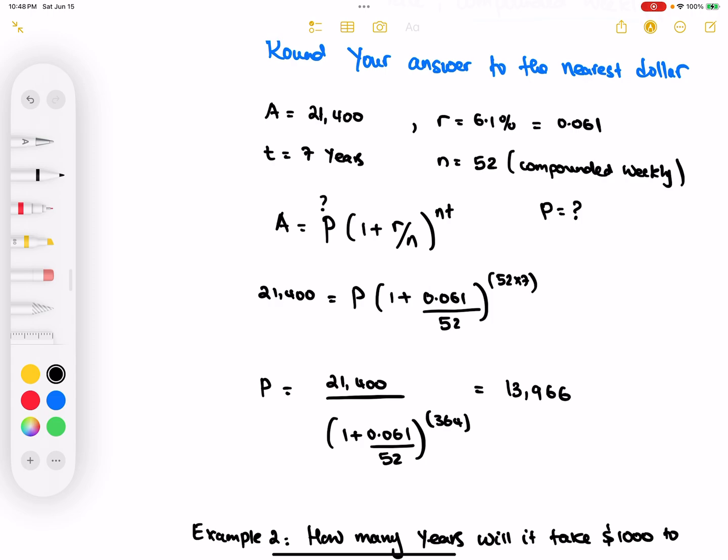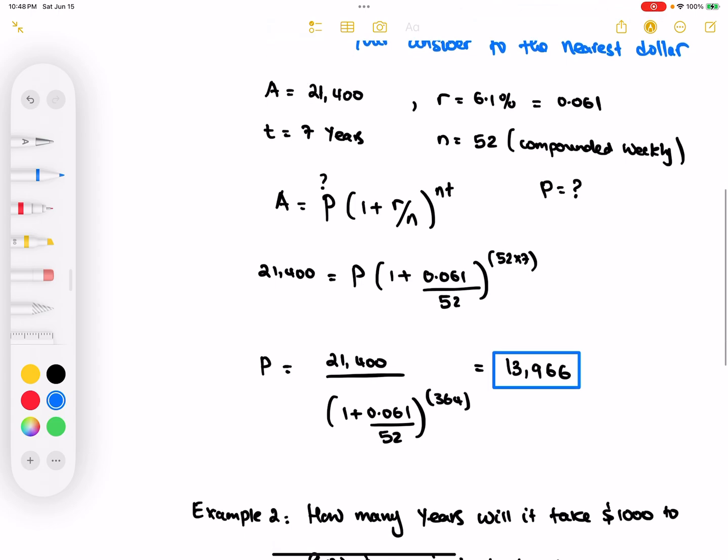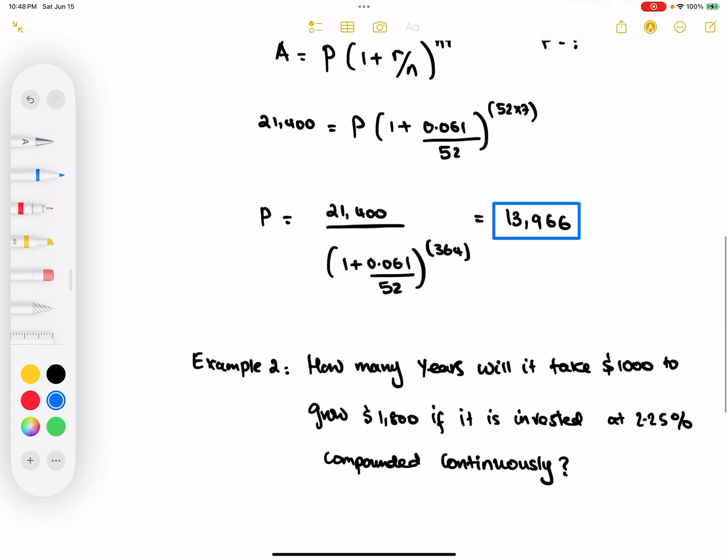It says nearest dollar, so that is the value. You don't need to worry about the decimals. So the nearest dollar becomes $13,966. So such problem needs some kind of attention on how to plug in onto your calculator and how to use your parentheses in your calculator carefully.